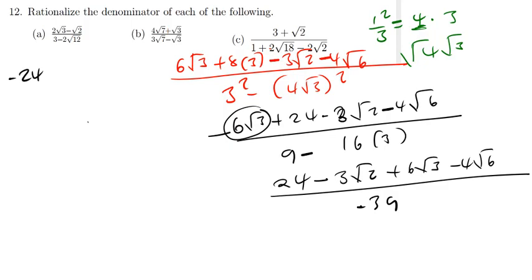What do you mean, sir? So negative 24, I'm dividing.